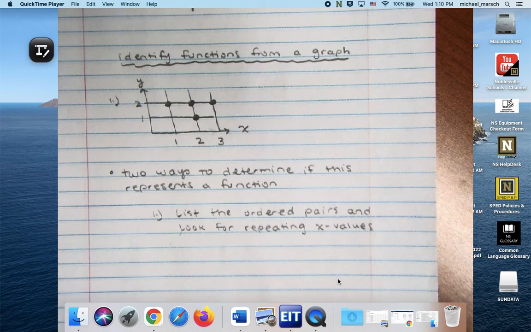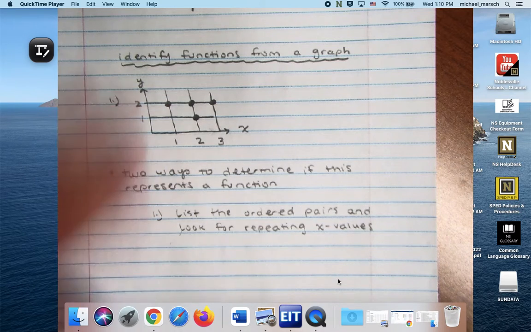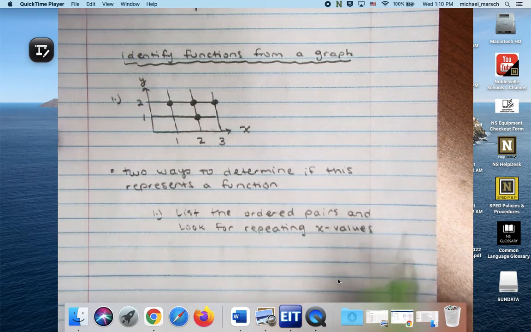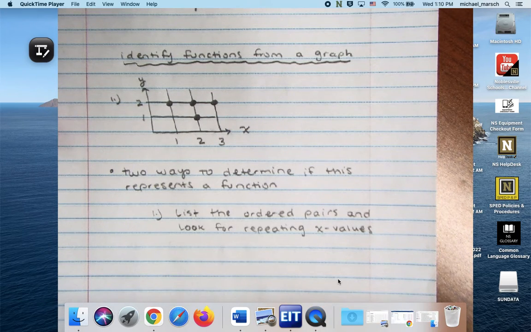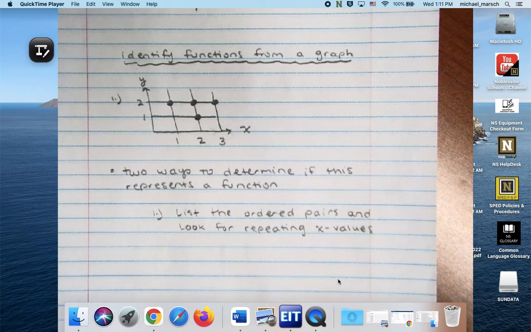The first way is to list the ordered pairs and look for repeating x values. So who can tell me what my ordered pairs are from this graph?